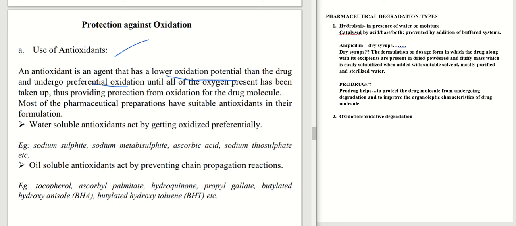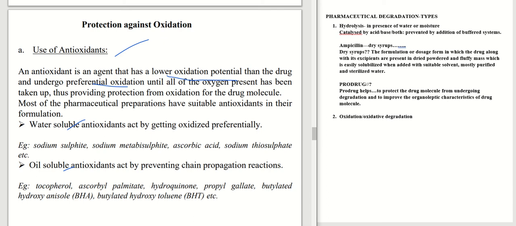So until all the oxygen in the exposed atmosphere is consumed by the antioxidant, the drug molecule is protected. Based on this, the antioxidants are classified as water soluble and oil soluble. Based on the nature of the antioxidant and the nature of the drug molecule, we can choose.